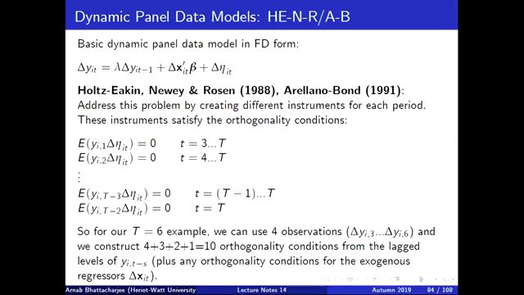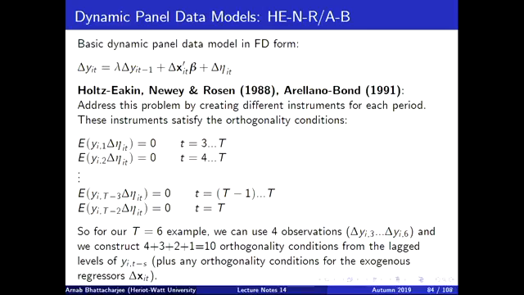So how does this work? For T equal to 3 through T, you can use these moment conditions. For 4 to T, you can use these moment conditions, and so on and so forth. For the final one, you just have this moment condition. So now, for our case, T equal to 6, we can use 4 observations now.